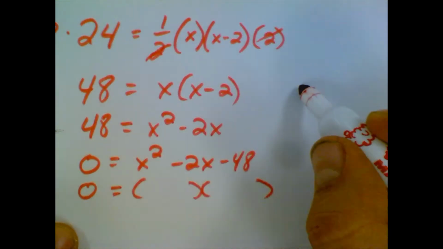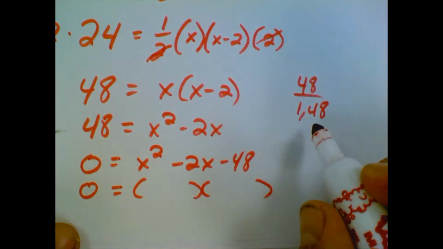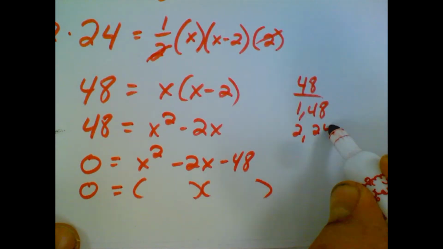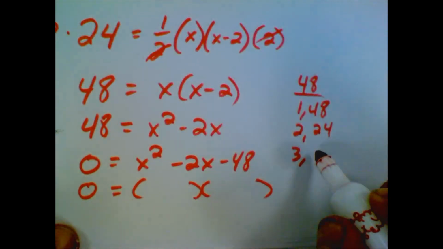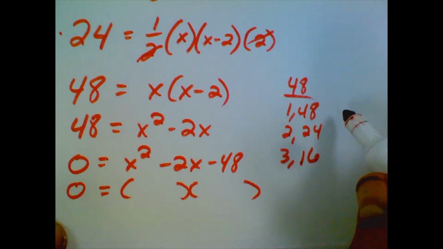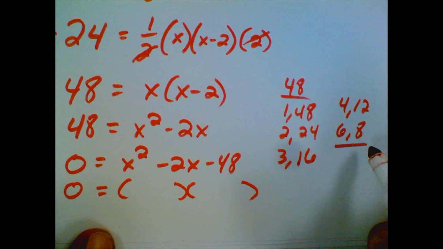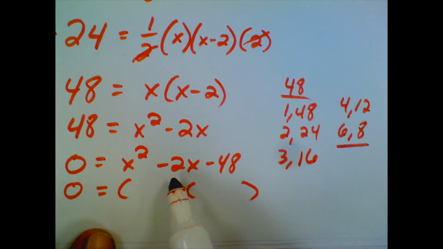The factors of 48 are 1 and 48, 2 and 24, let's see, 3 and 16, 4 and 12, 6 and 8, and I think we found the pair that add or subtract to the absolute value of negative 2.